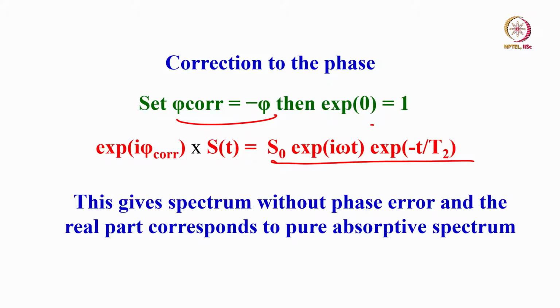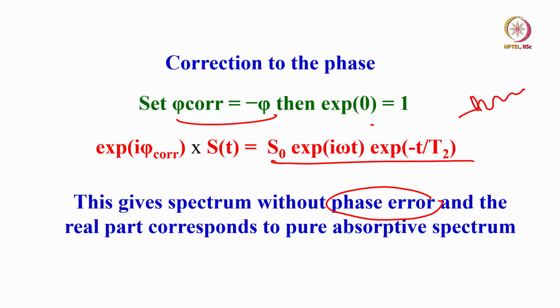So this gives a spectrum without any phase error, and the real part corresponds to the pure absorption and the imaginary part corresponds to the pure dispersive signal. If you apply correction to the phase, you have to ensure that the signal is collected immediately after the pulse at time t equal to 0, so that phase error will not creep in.